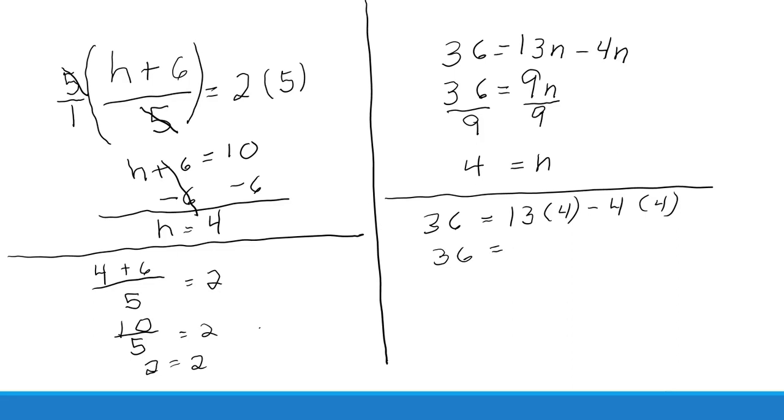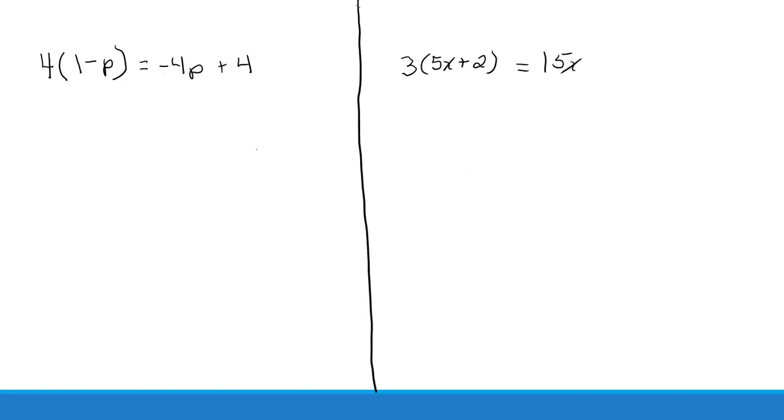And 13 times 4 is 52. Minus 4 times 4 is 16. When I subtract the 16 from the 52, I come out with 36 is equal to 36. So let's look at the last set of problems.